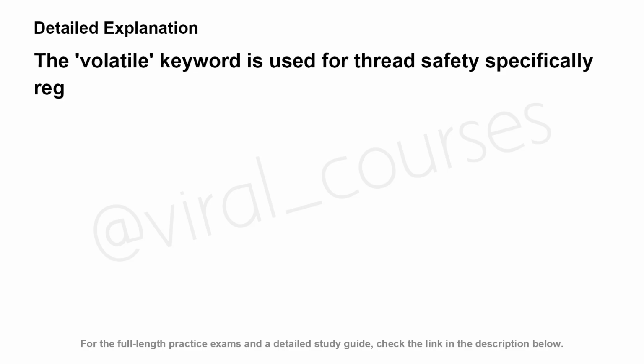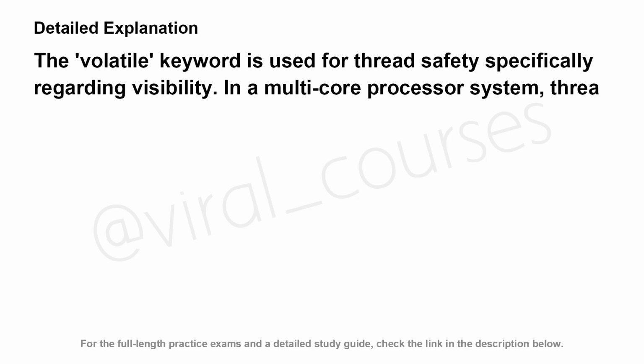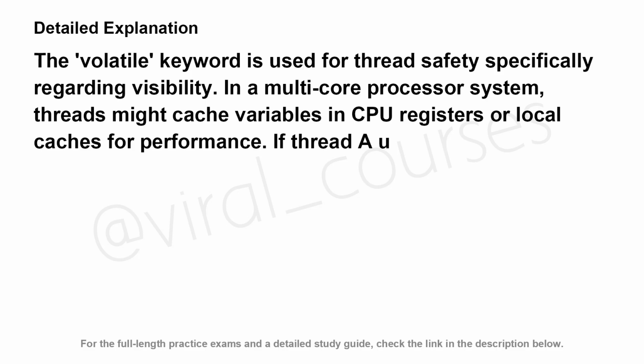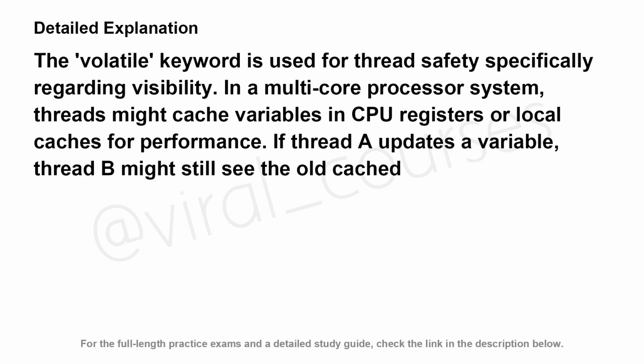The volatile keyword is used for thread safety, specifically regarding visibility. In a multi-core processor system, threads might cache variables in CPU registers or local caches for performance. If thread A updates a variable, thread B might still see the old cached value.